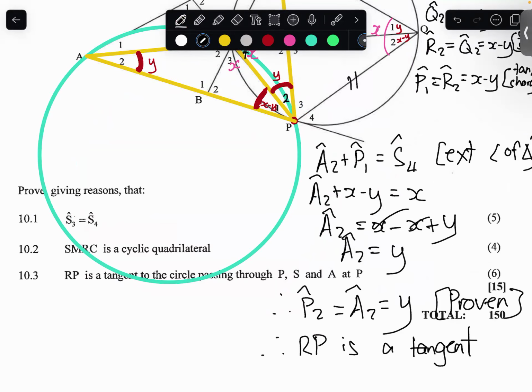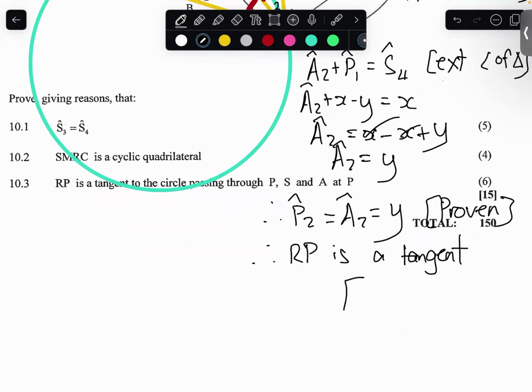And the reason, again, when you are proving a tangent or a cyclic quad is very important. Not when a cyclic quad or tangent is given to you, but when they ask you to prove something is a tangent or a cyclic quad, your reason must start with converse of whatever theorem that you proved. Converse of tan chord theorem.